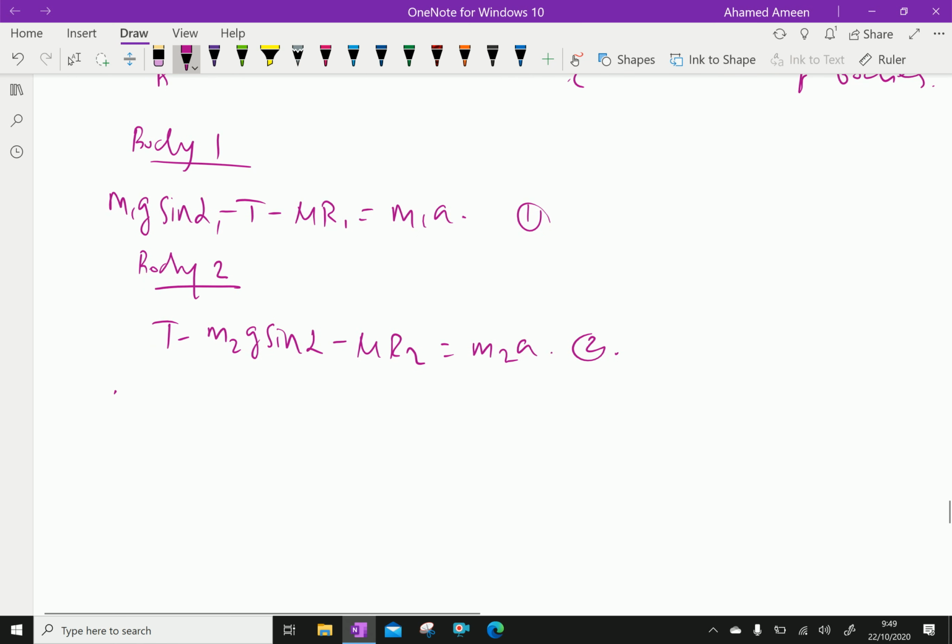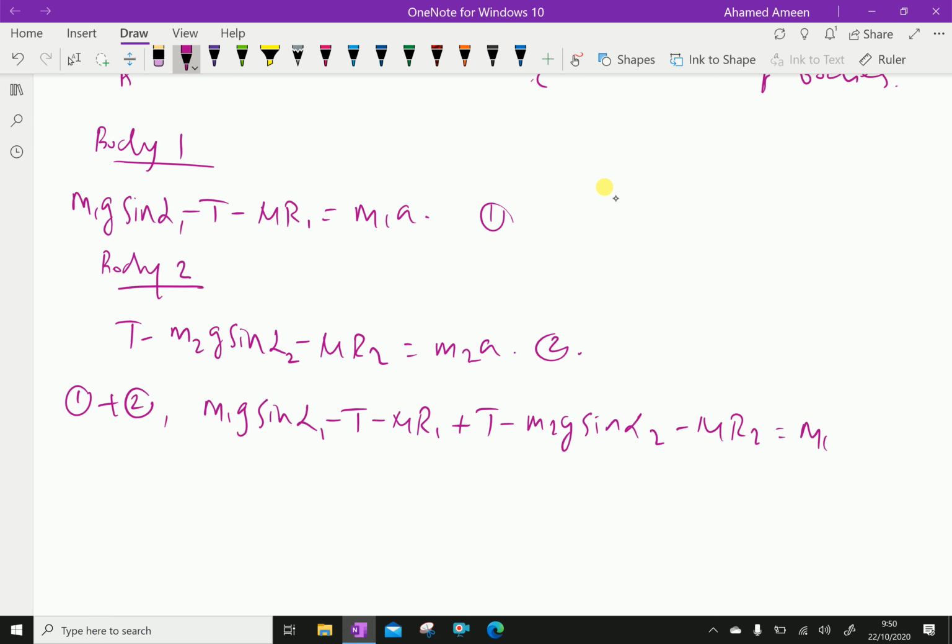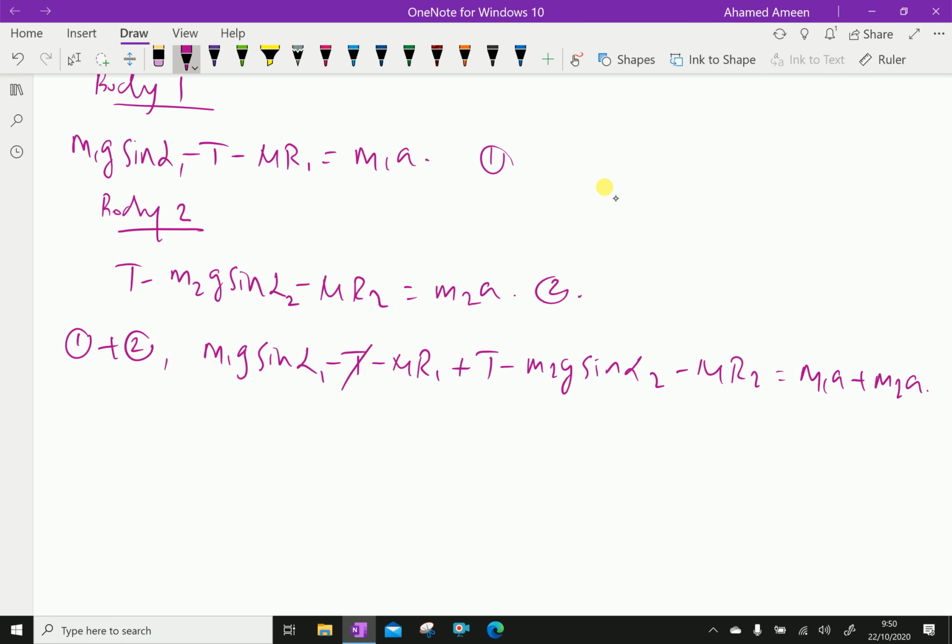Now adding 1 and 2, we get M1 g sine alpha 1 minus T minus mu R1 plus T minus M2 g sine alpha 2 minus mu R2, which is equal to M1 A plus M2 A. The tension cancels on both sides.